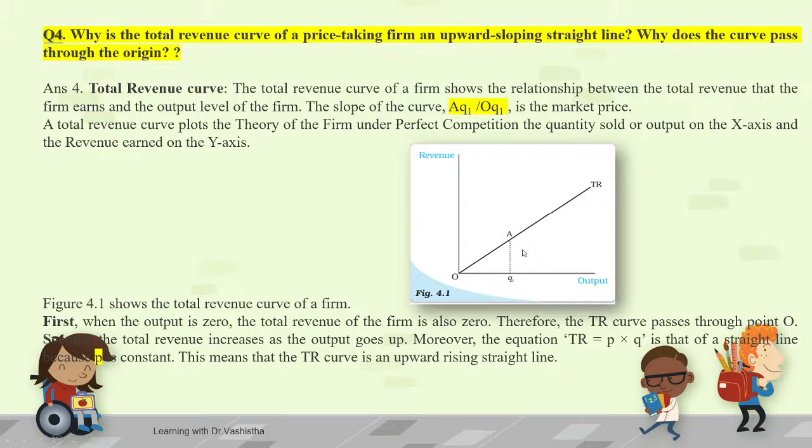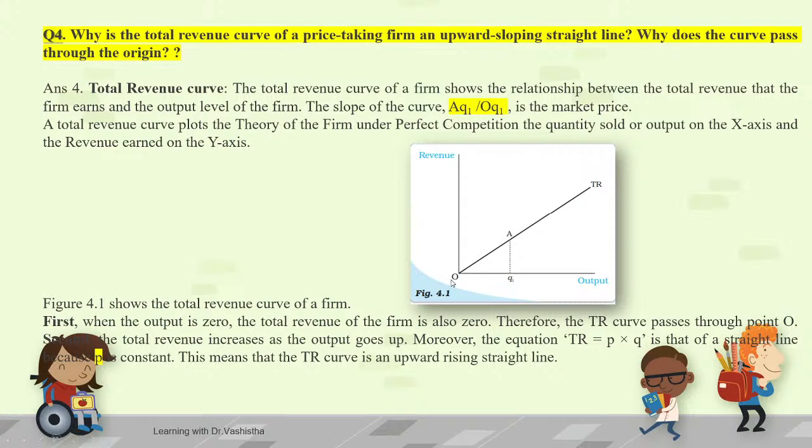So this total revenue curve plots the theory of the firm under perfect competition, with the quantity sold or output on the x-axis and revenue on the y-axis. Now first of all, when the output is 0, the total revenue of the firm will also be 0, as we have just seen in the previous question.